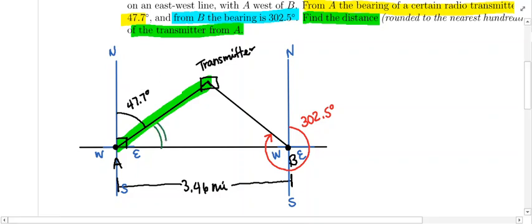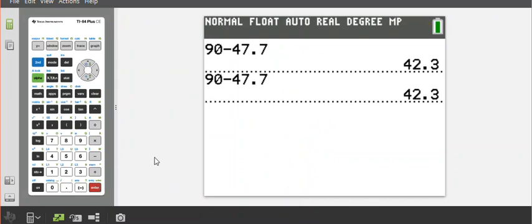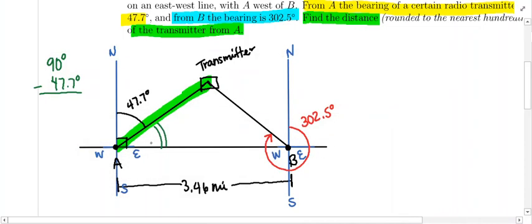We can figure out the measure of this green angle by taking 90 degrees and subtracting 47.7 degrees. 90 minus 47.7 gives us 42.3 degrees. So that's the measure of this angle, and now we have one of the interior angles of the triangle.